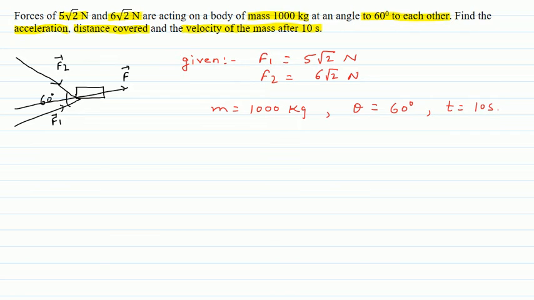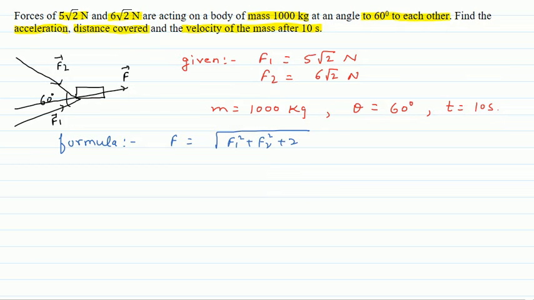Now we see the formula. The formula for net force according to vector sum: F equals under root F1 squared plus F2 squared plus 2 F1 F2 cos theta.